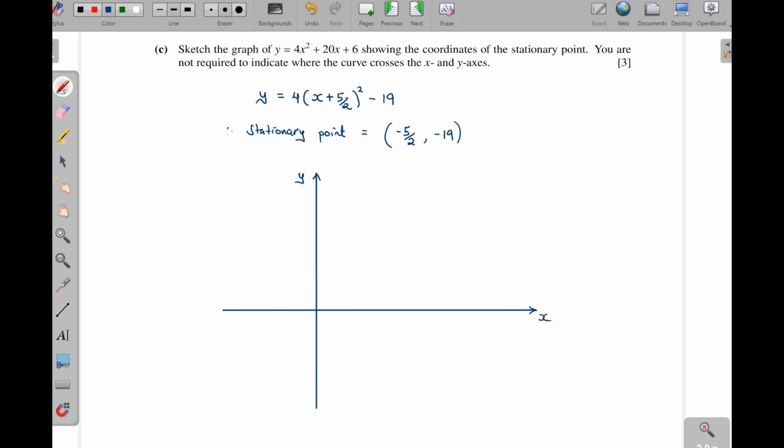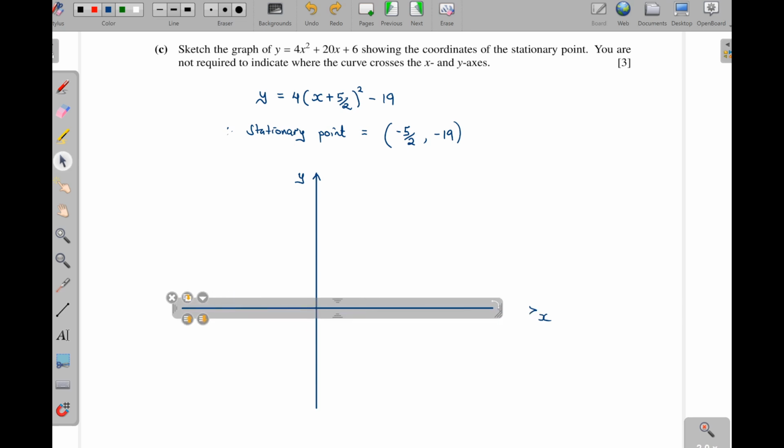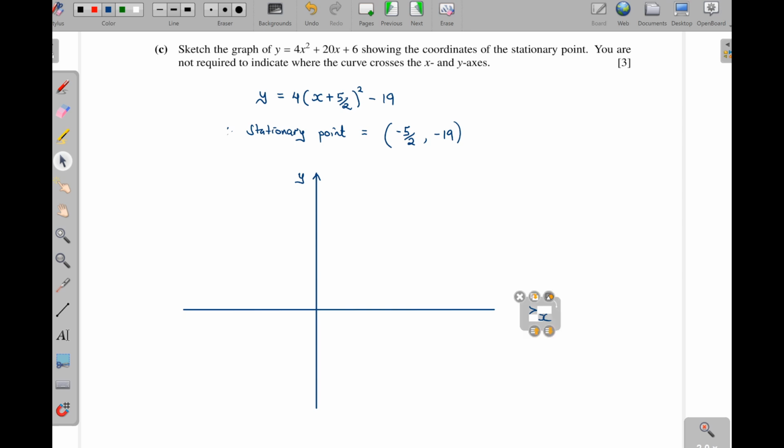Now this one is a U-shaped curve. So where is this one here? Negative 2.5 will be this side, and then negative 19 is this side, not so? So that means, let me actually try to put this one around here, and then also this one there. Then we shall have a U-shaped curve.